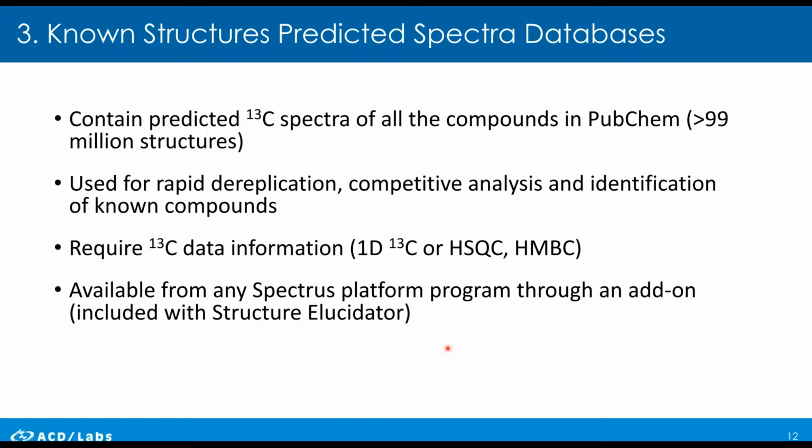And then you can search these databases and see if there is anything that has been reported and is in PubChem that has a carbon spectrum that is similar to what you have. In the same sense, you can do also competitive analysis, so you can get your competitor's product and isolate maybe an additive and try to search PubChem and see what that additive could be.